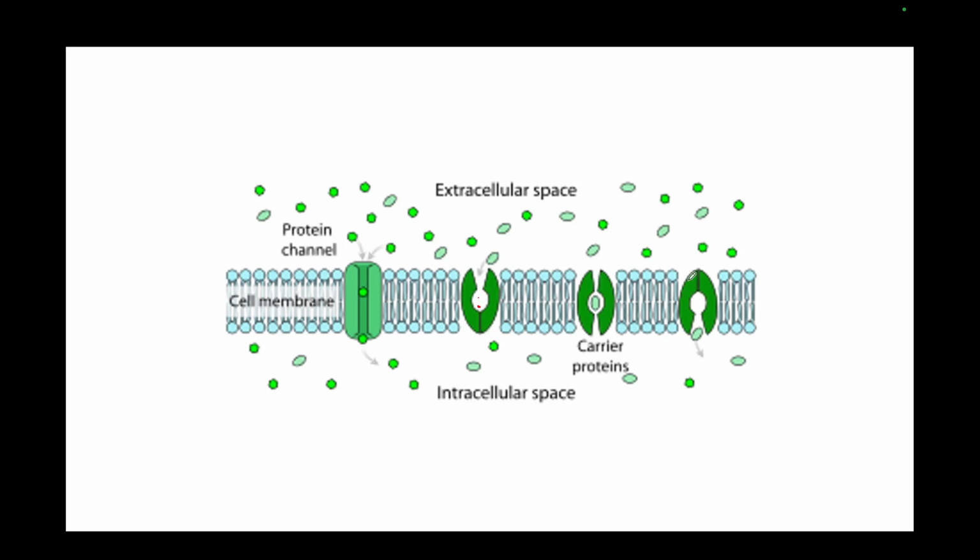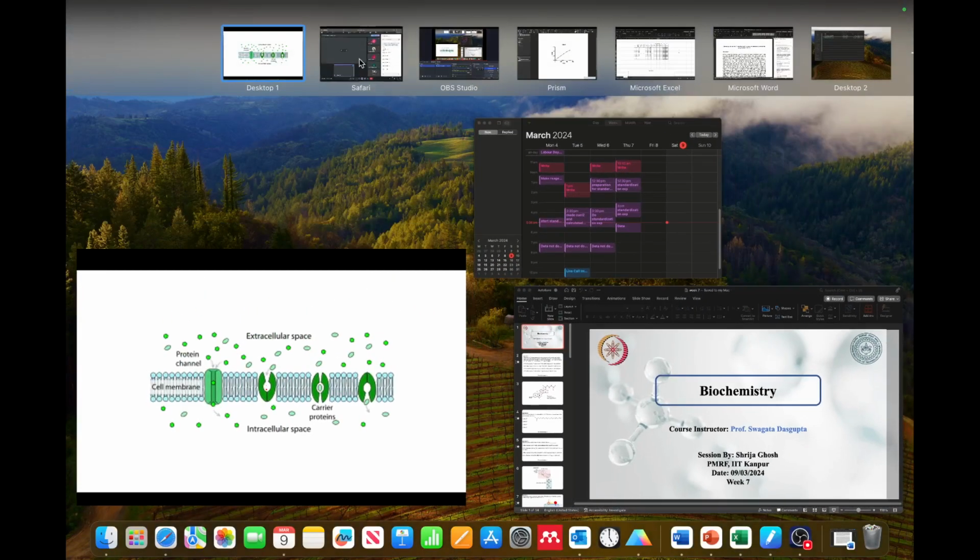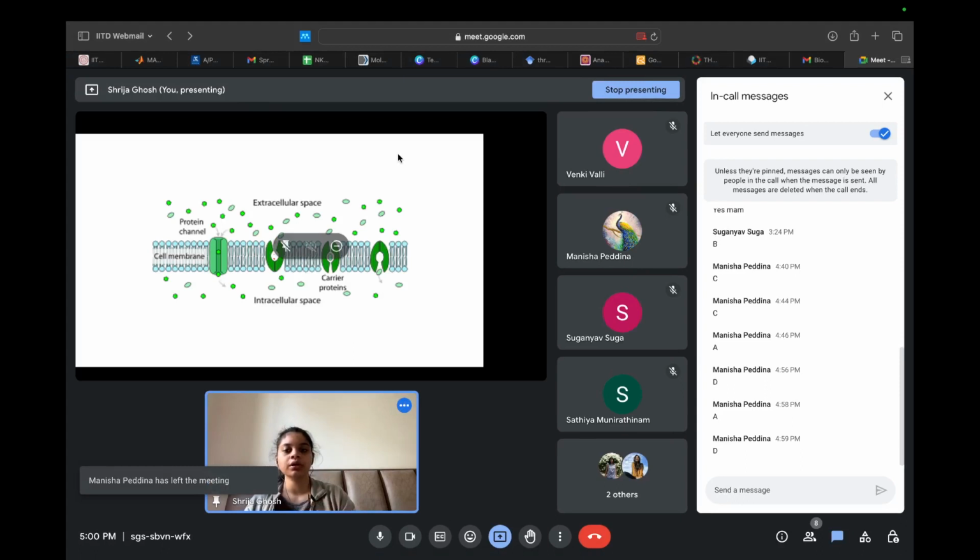The carrier protein was earlier open towards the extracellular space when the substrate that wanted to be transported bound to it. So let's say there is a substrate in the extracellular space. Now the carrier protein is open like this, the opening is towards the extracellular space. So the molecule will bind, and at that moment there will be a conformational change, and now the carrier protein will open towards the intracellular space, so that the bound substrate will be released into the intracellular space.